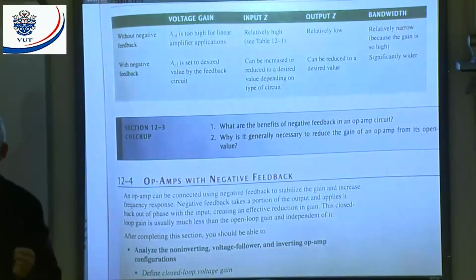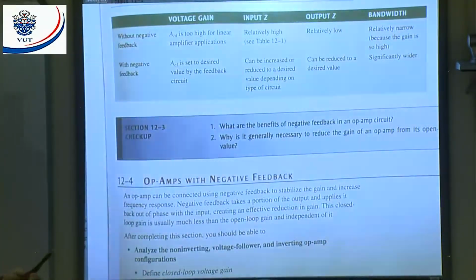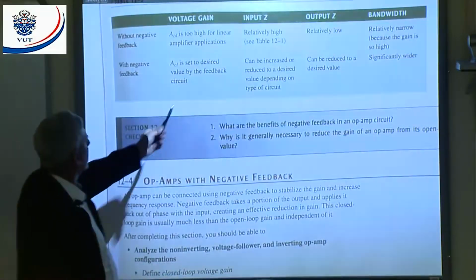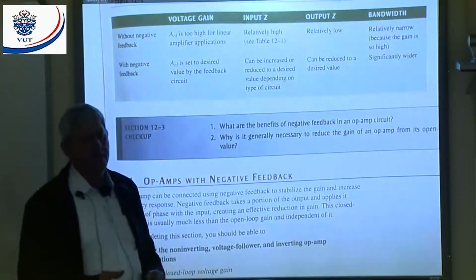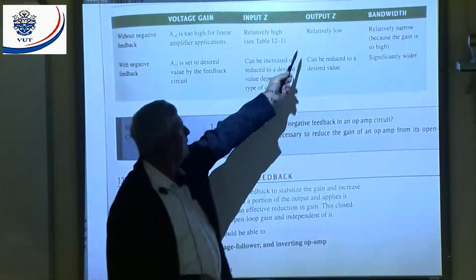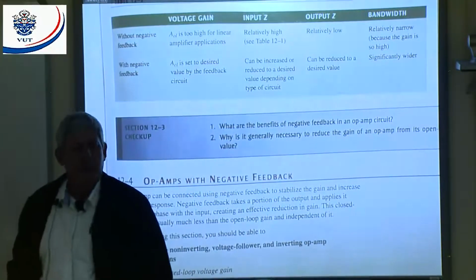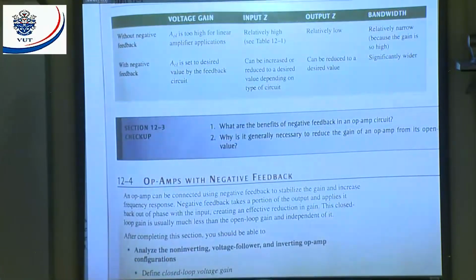If we think about a 741, it will be in the region of 200,000. Input impedance is relatively high, and you will also find that on the data sheet. Output impedance is relatively low. And they also tell us a relatively narrow bandwidth because the gain is so high. That is when I don't apply any feedback to the device.